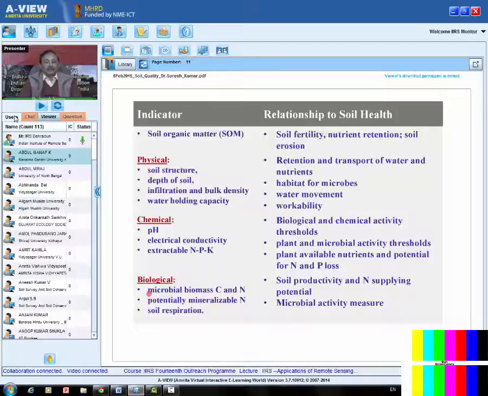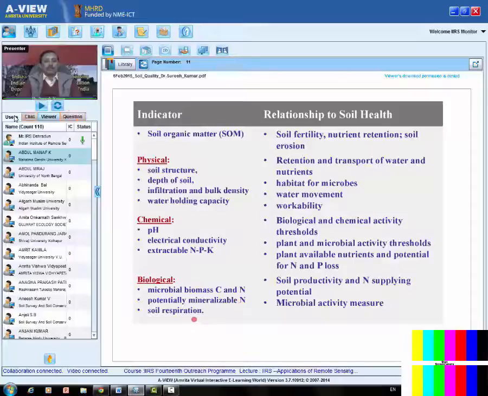But you should know where microbes are there. So for biological properties, we study how much microbes are there, what the population is. Sometimes we study with the help of the carbon nitrogen ratio. We also study how much mineralizable nitrogen is there, meaning because of the mineralization process, microbes release nitrogen into the soil.